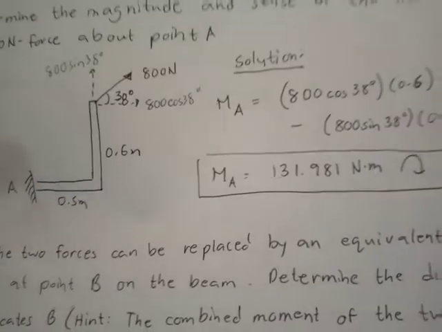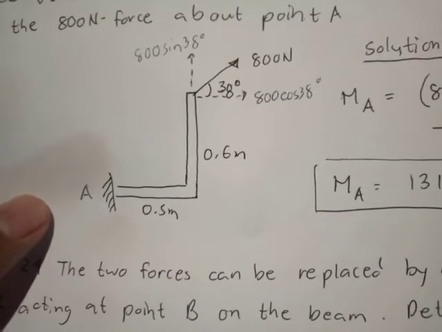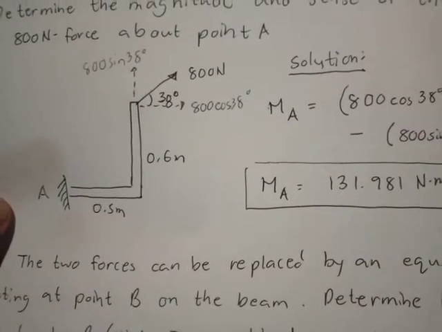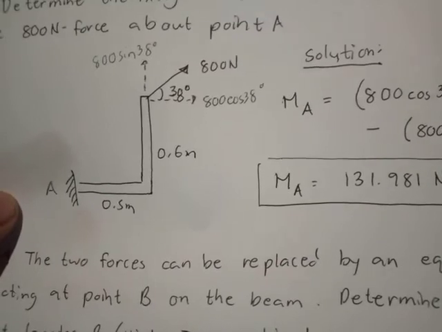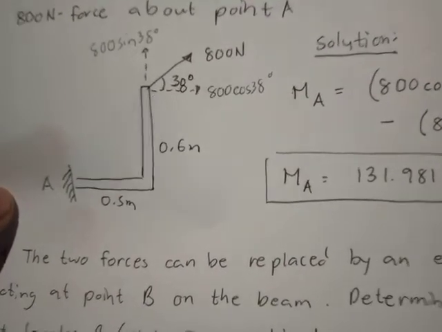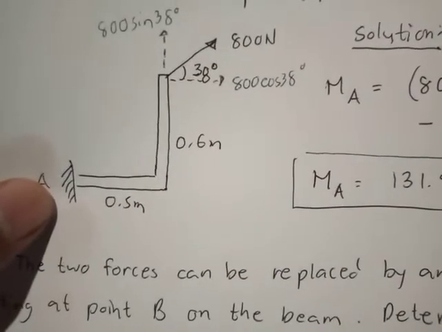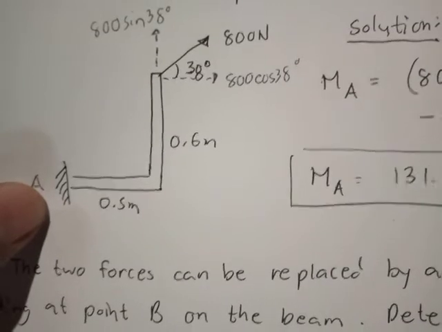So 800 cosine 38 degrees is horizontal, and its perpendicular distance is 0.6 meters. Its y component, 800 sine 38, is vertical, so its perpendicular distance relative to A is 0.5, which is horizontal.